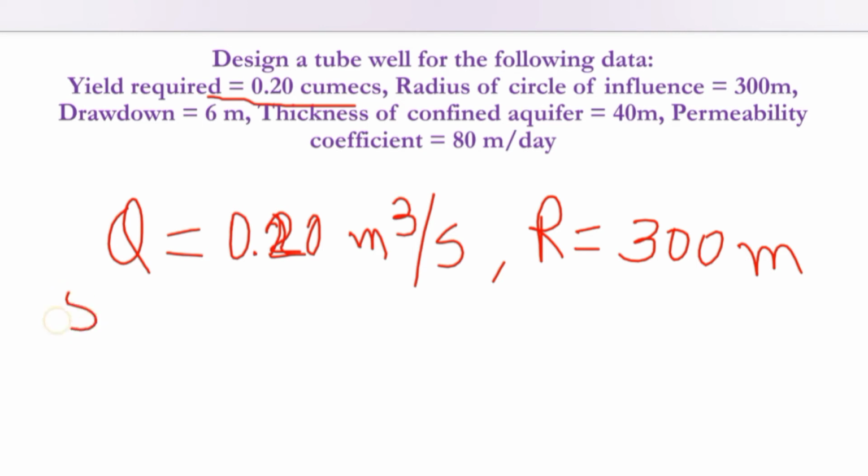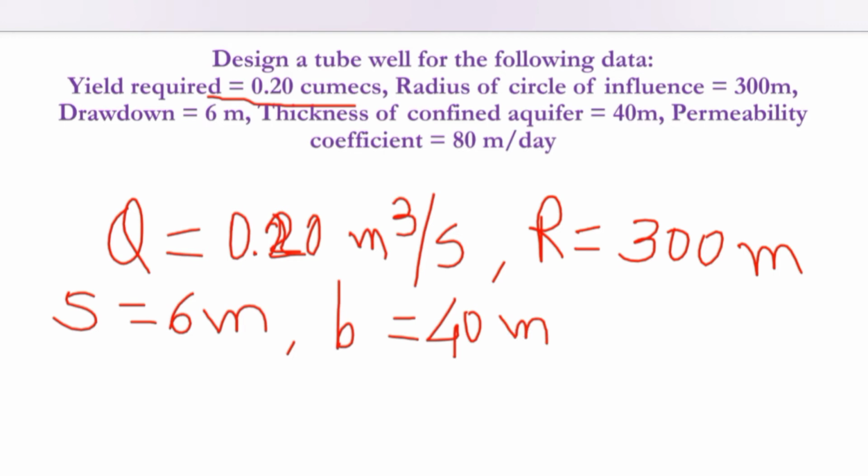Then drawdown is 6 meter. So S is equal to 6 meter. The thickness of the confined aquifer is 40 meter. So B is equal to 40 meter. Then the permeability coefficient is 80 meter per day.